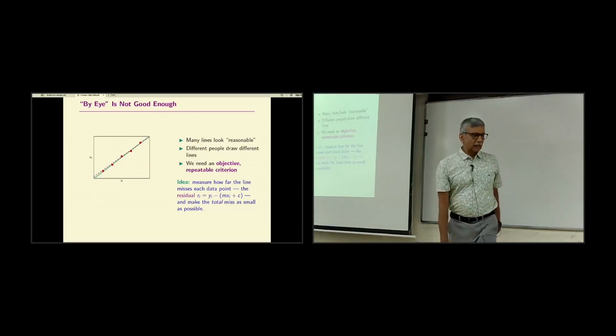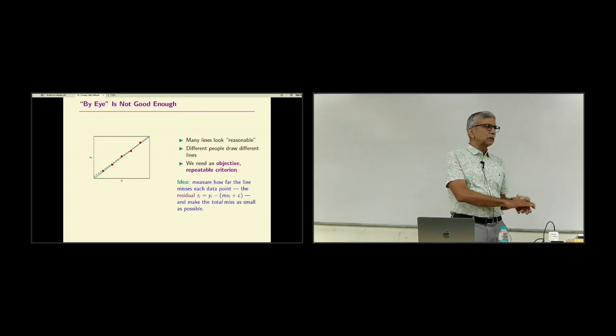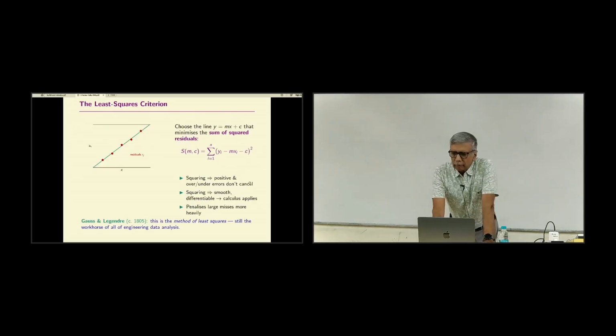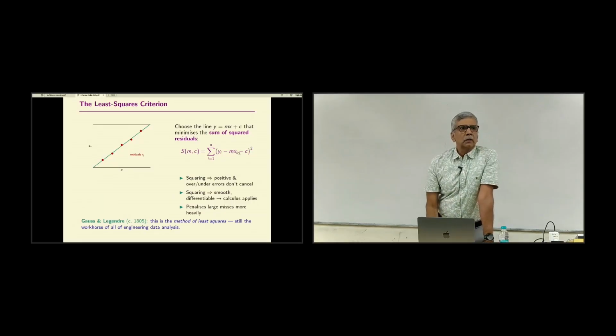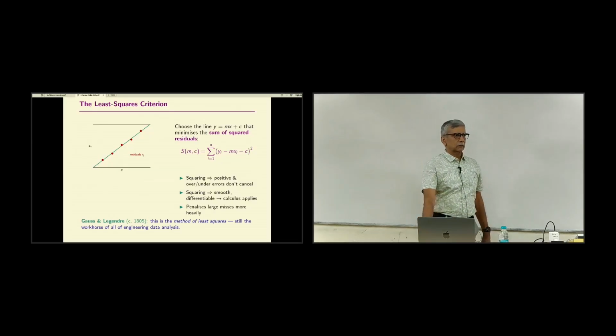And then I see what is the difference between that and what is yi. I have a set of data points, right? And then I sum up the square of these errors. Straightforward, right? I just sum up the square of these errors, right? And then I find out that m and c which minimizes this cost.